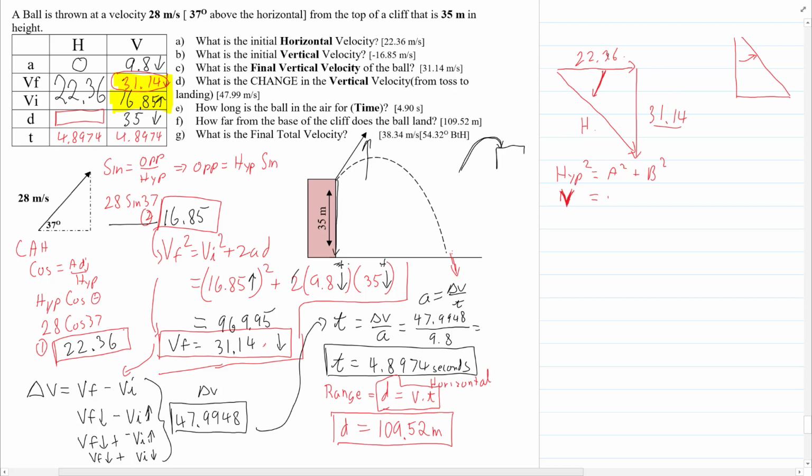These are final velocities. This is the component horizontally, that's the component vertically. So the velocity is going to be the square root of 22.36 squared plus 31.14 squared.